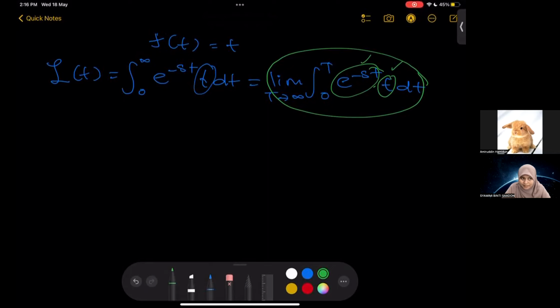We have to integrate by parts. The formula, which you can also Google, is like this: the integral of u prime v equals uv minus the integral of u v prime.